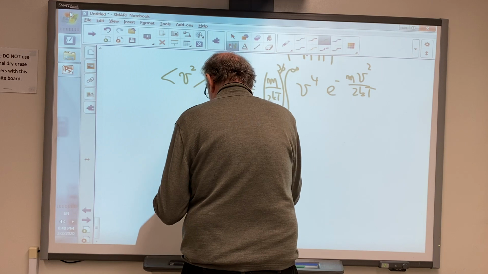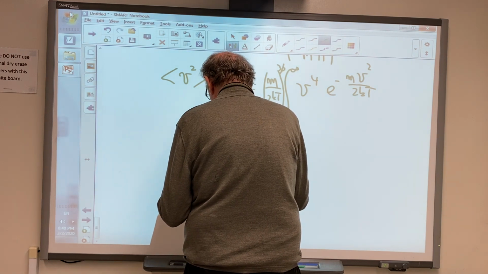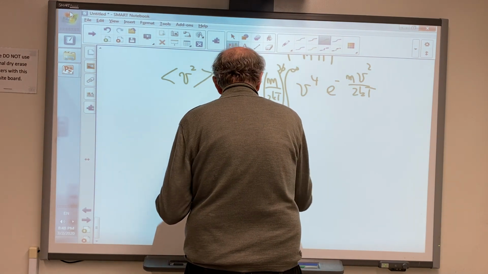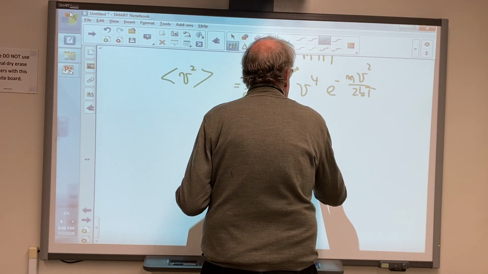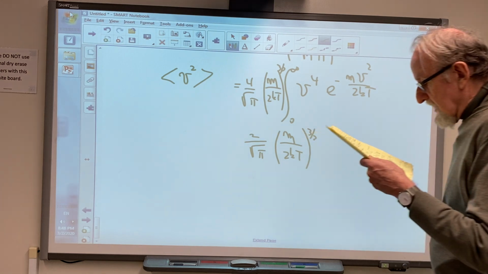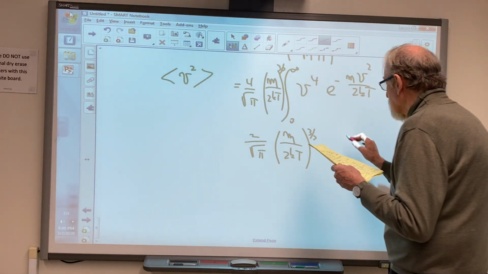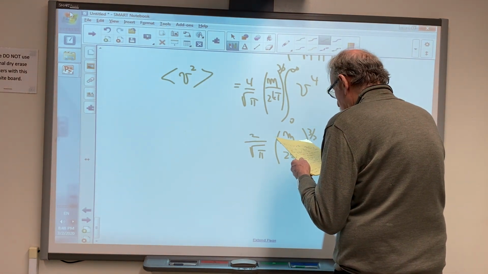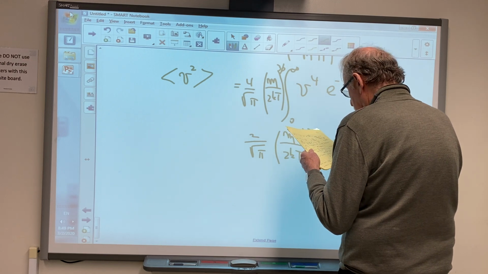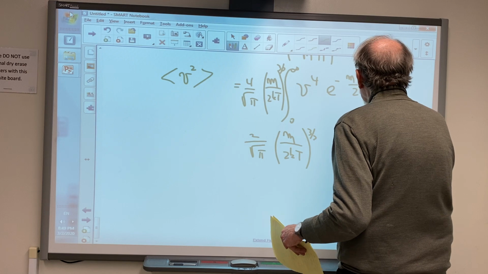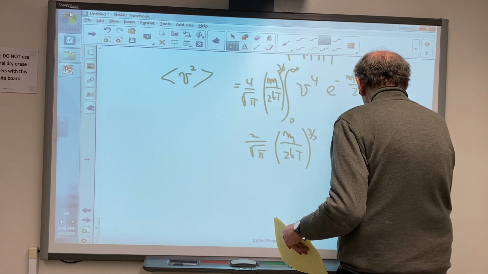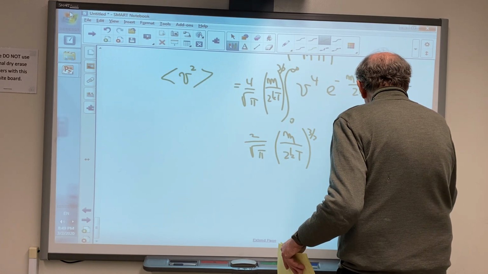So I will write 2 over square root of pi, m over 2kT to the 3 halves. And the I4 was 3/4 square root of pi over alpha to the 5, m over 2kT to the 5.